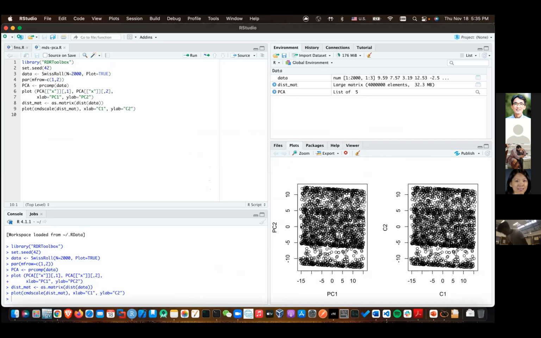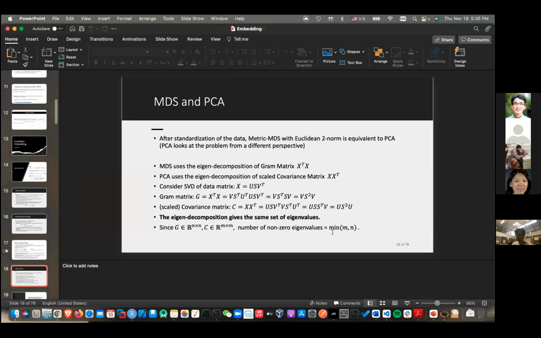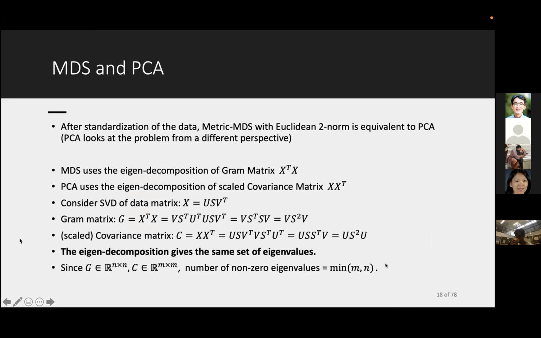So you can see if I use the Swiss roll dataset and I use PCA and MDS, they give exactly the same kind of embedding in 2 dimensions. That's the first and the second principal components, and here similar. So I just want to show you that they're equivalent in this setting.